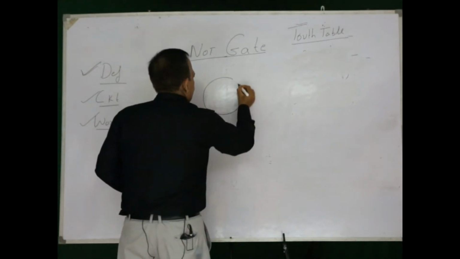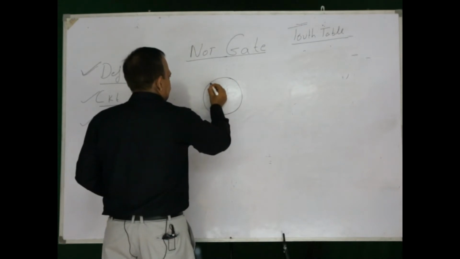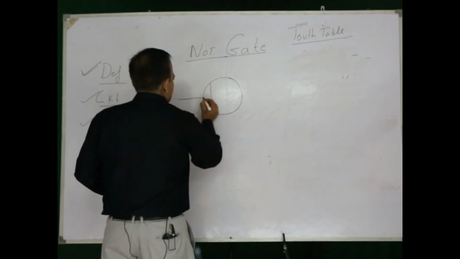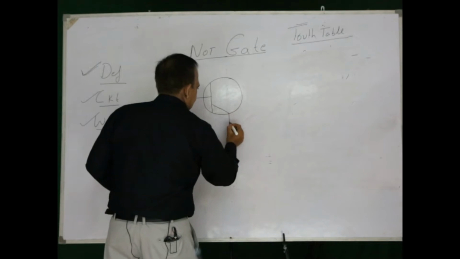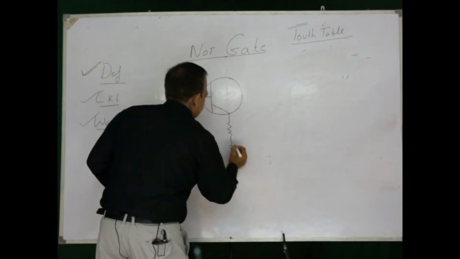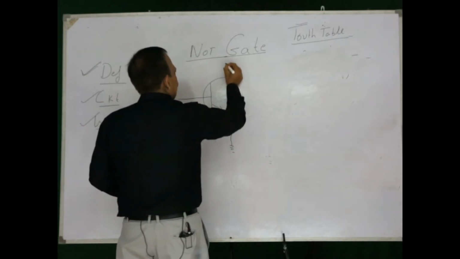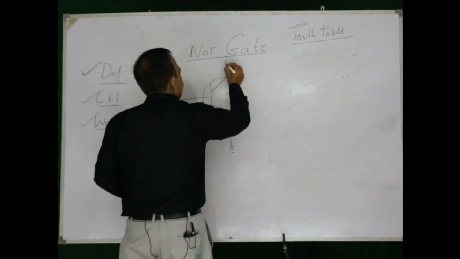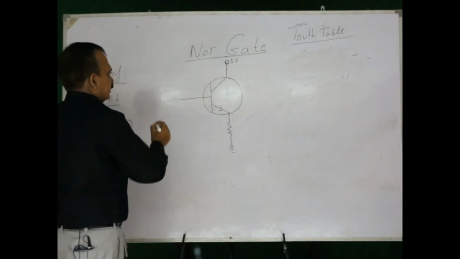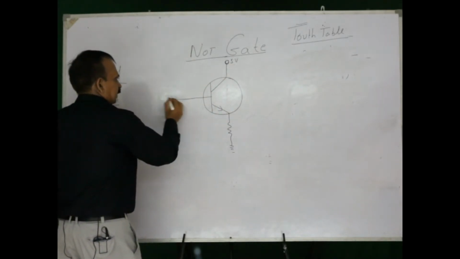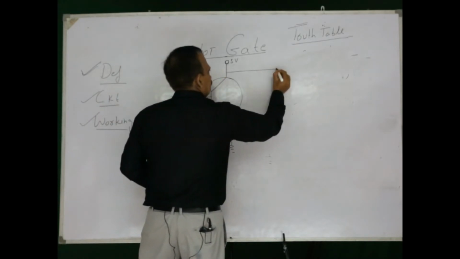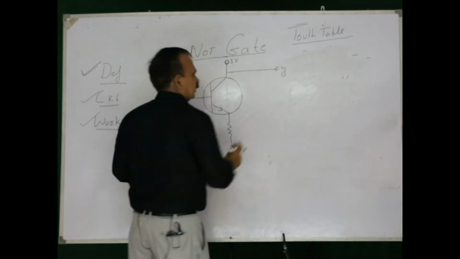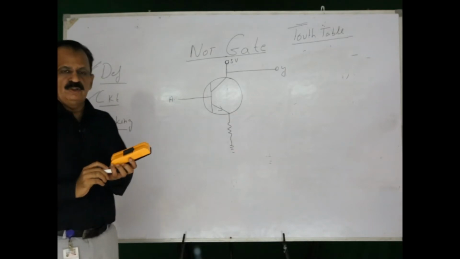Circuit diagram. I will be using a component, and that component is NPN transistor. Now, this is a transistor and this transistor is NPN transistor. Here I am connecting 5 volts. This is going to be input, and here we will be taking output, that is Y is equal to 0.